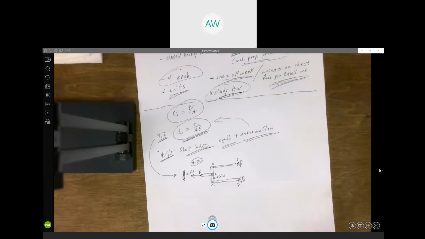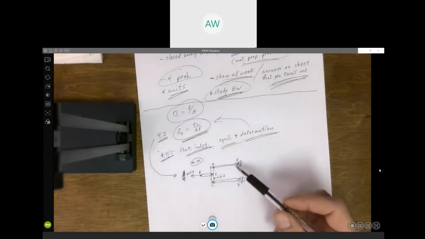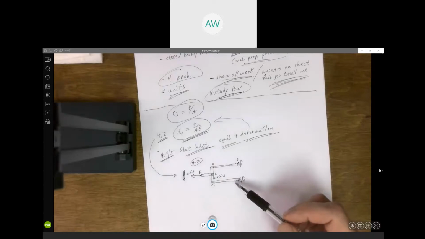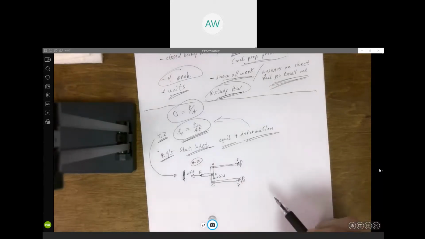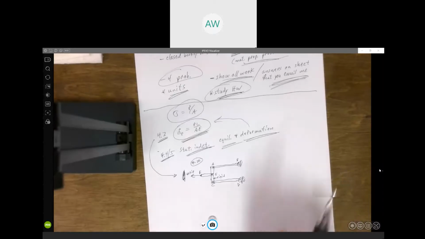All right, well, it's going to move due to three things. One, obviously, EF is going to stretch. We're pulling on this thing, it's in tension. But AB and CD are also going to stretch. Now, they're the same length, but they're different sizes.